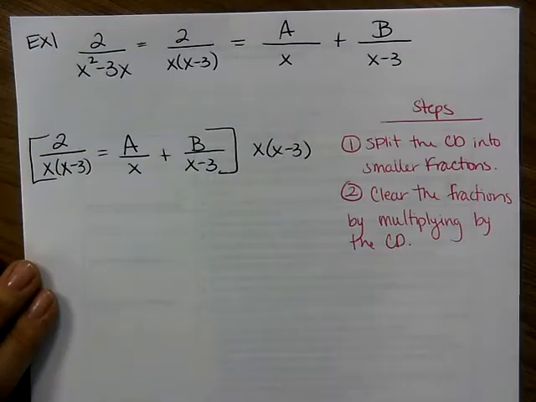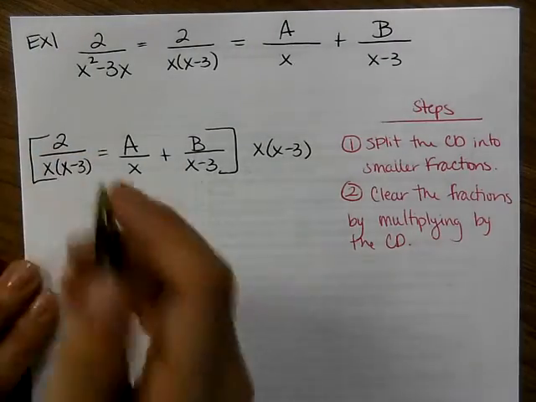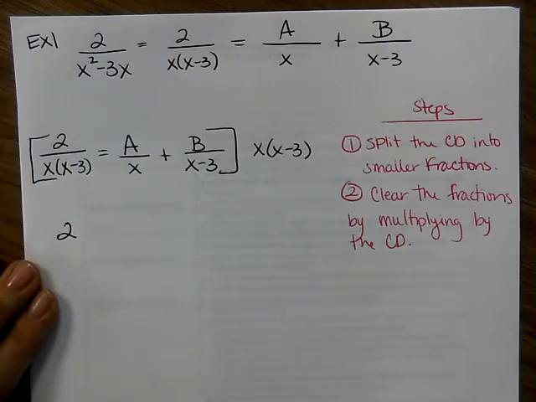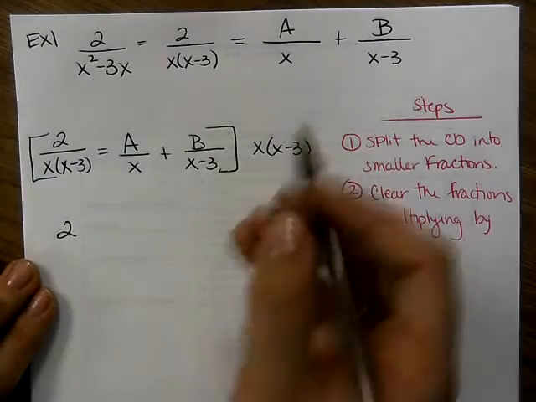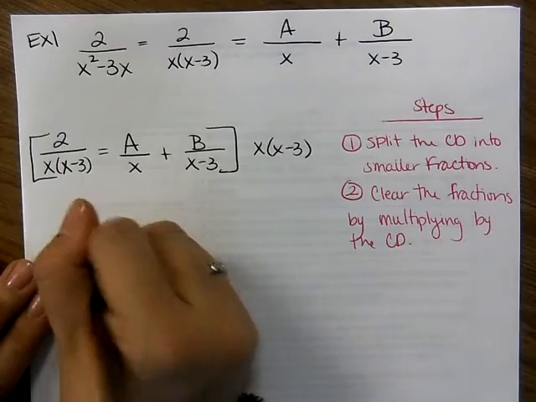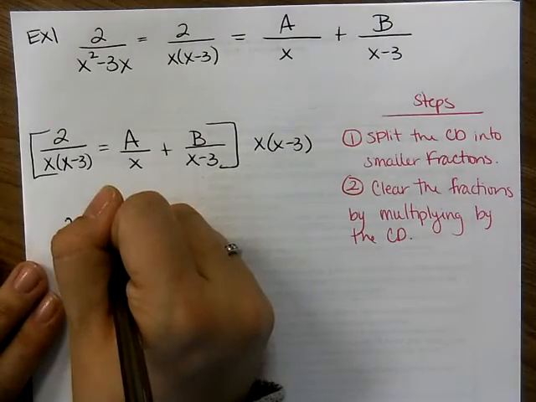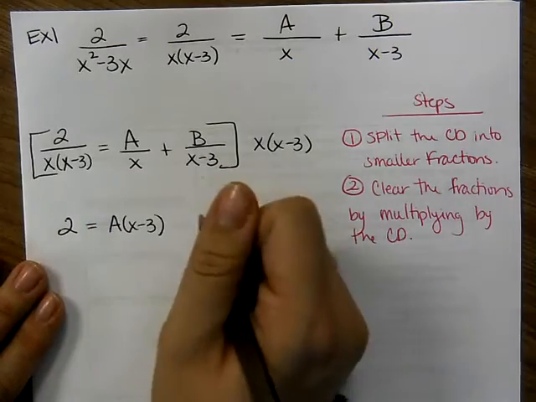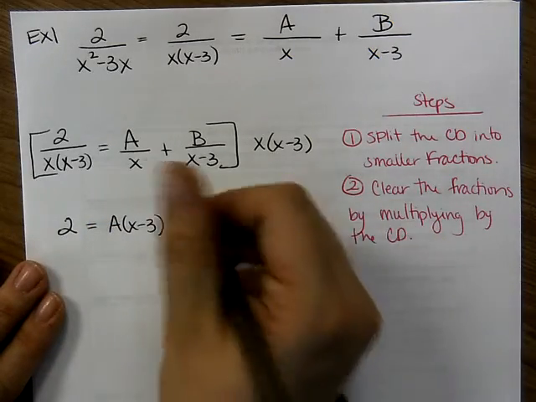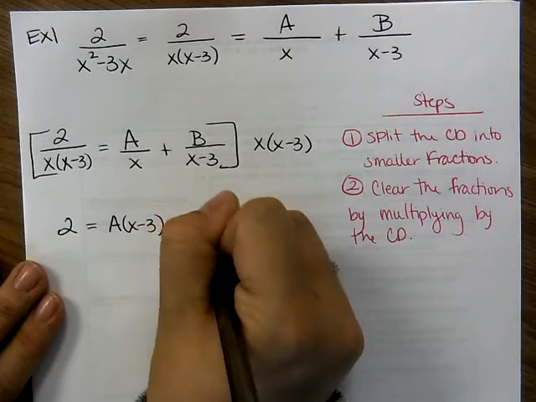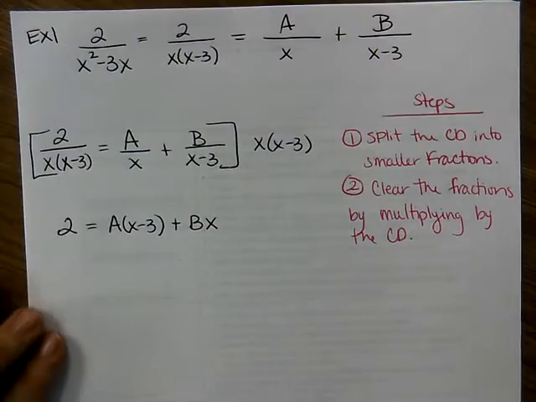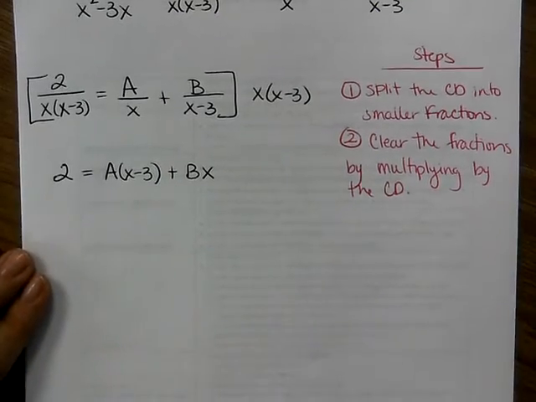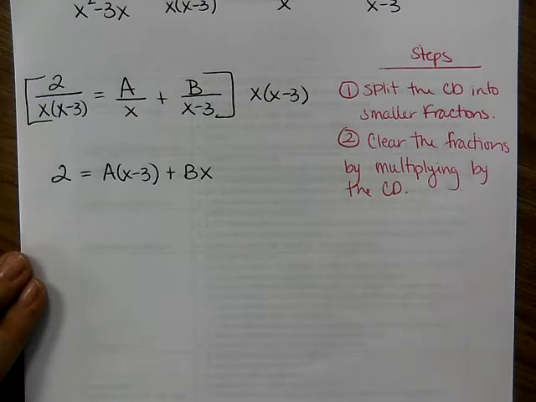So here, this 2, when I multiply that factor, doesn't everything cancel, leaving me with just the 2? When I multiply it by this a term, what am I left with? A times x minus 3. And when I multiply it by the b term, I'm left with bx. Okay? So far, so good?